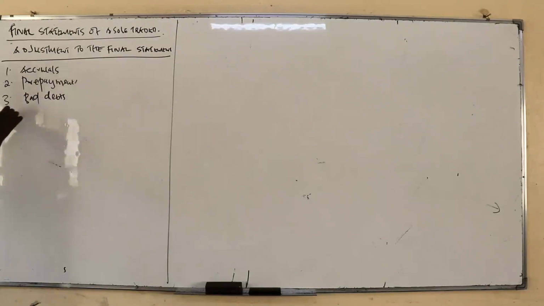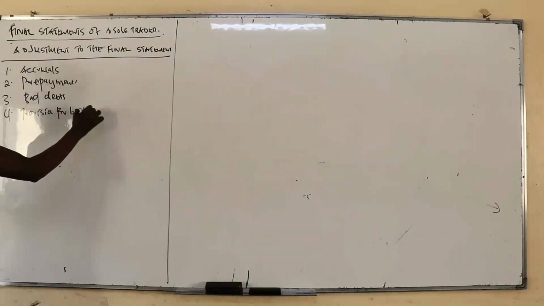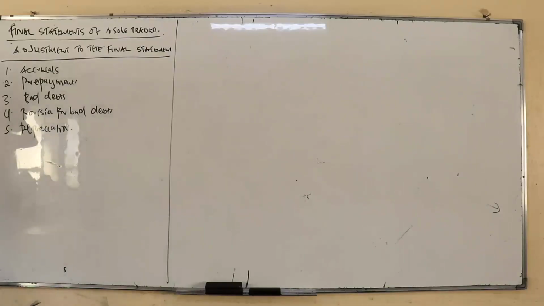And number 4, we're talking about provision for bad debts. And number 5, we're talking about depreciation. So you need to know how to adjust those 5 adjustments.